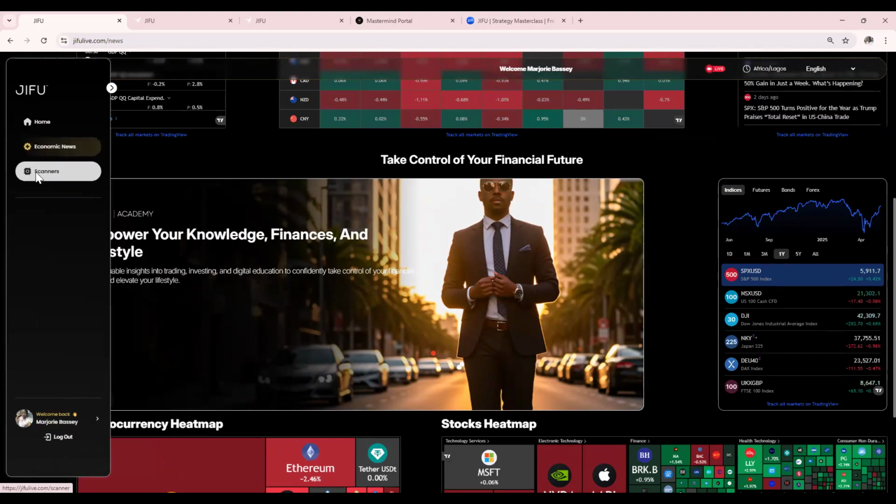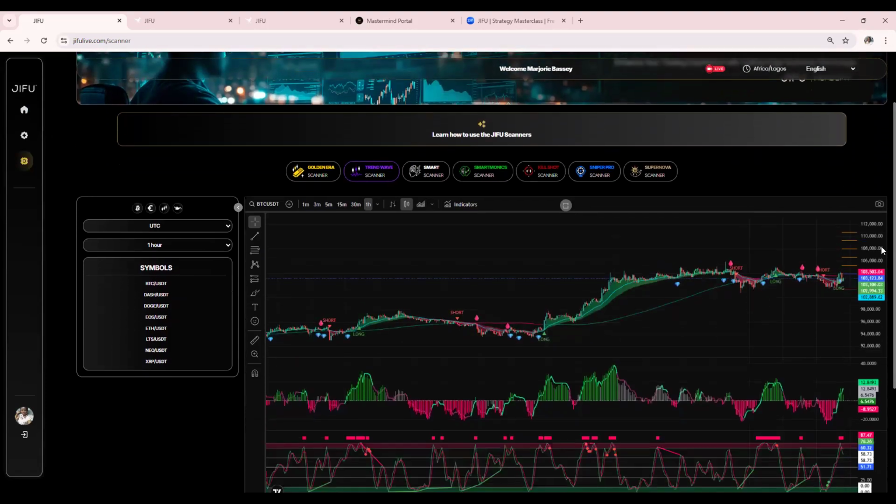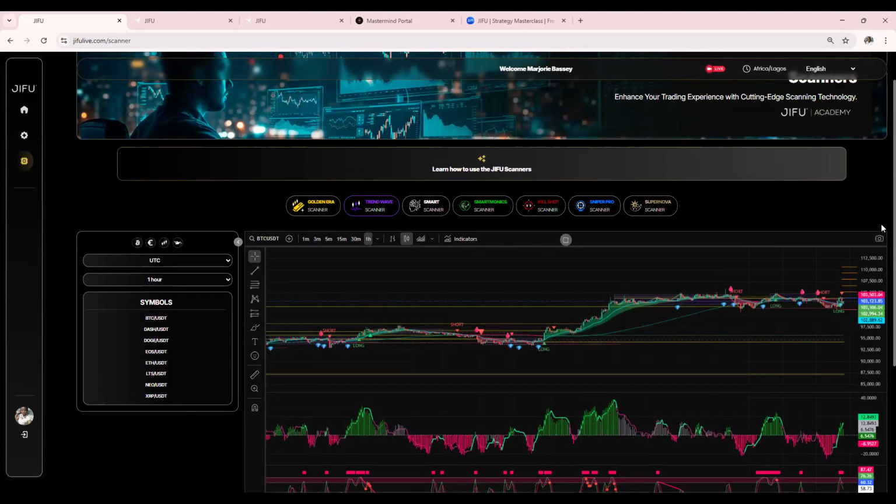And then now you come to scanners. When you come to the scanners, you can watch the videos of these scanners. If you're here and you've taken out time, you've been here up to a week or 2 weeks, and you've taken out time to check the back office and watch the video on how to use the scanners, click this place on learn how to use the JIFU scanners, please drop a 1 in the chat box.